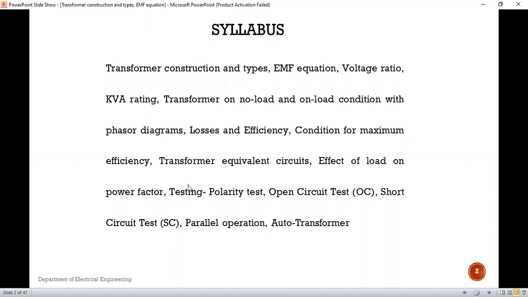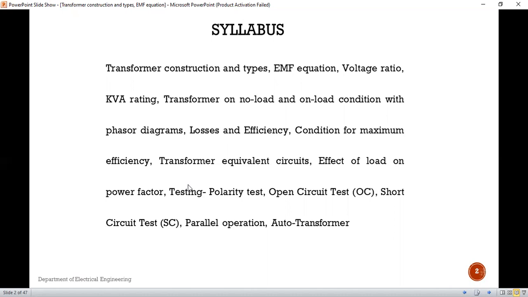Then parallel operation, that is, when transformers are put in parallel, how they share the load. What are the necessary and satisfactory conditions while performing the parallel operation of two or more transformers? We will understand this in the parallel operation.